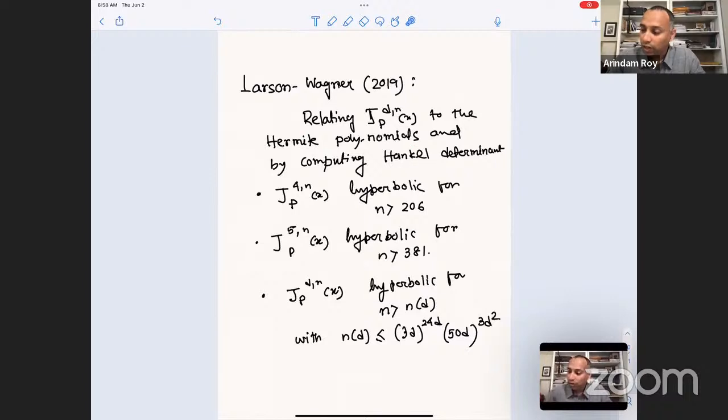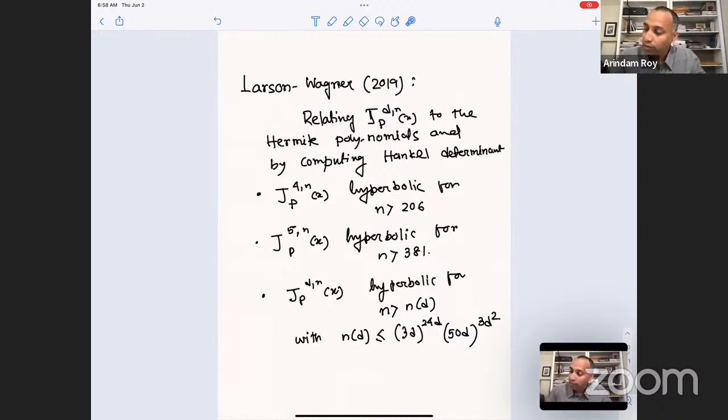The technique for Larson and Wagner and the other people is the same, but Larson and Wagner fine-tuned the technique, and they managed to prove very accurately that if you take the degree 4 Jensen polynomial, then it is hyperbolic for n bigger than 206, which is optimal. So basically, if you go to 204, it is not going to work.